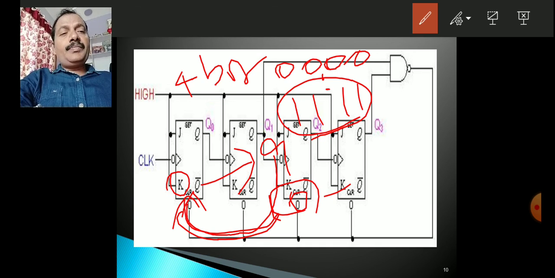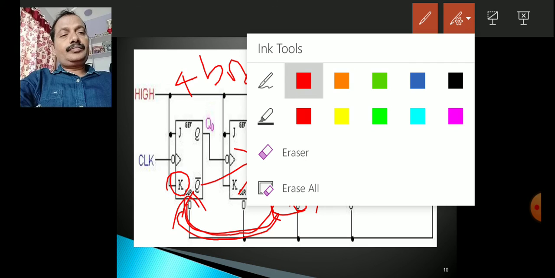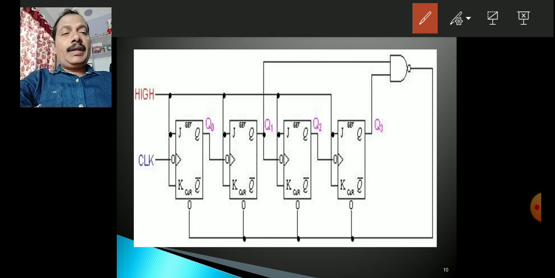So what is the value 9 in binary? Observe here, 1001. I am writing from right to left, because the MSB is here.